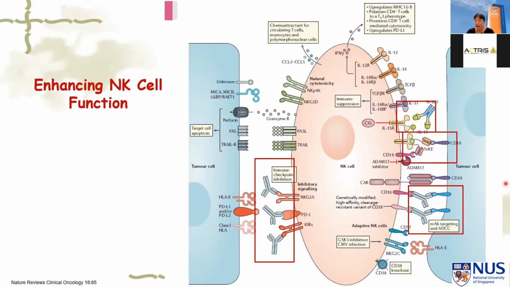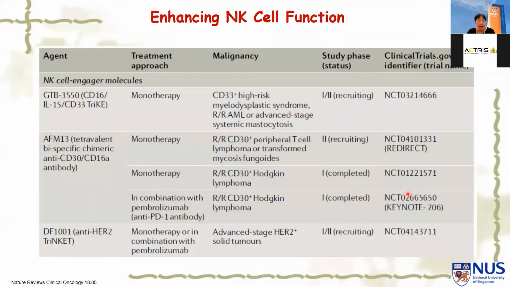Lastly, monoclonal antibodies can be used to target NK cells to enhance ADCC by linking a tumor antigen with CD16. So the NK cell engagers, as I mentioned, are the ones that are in clinical trials. This one targets CD33, this one targets CD30, this is a bispecific, a BiKE, and this one targets HER2.